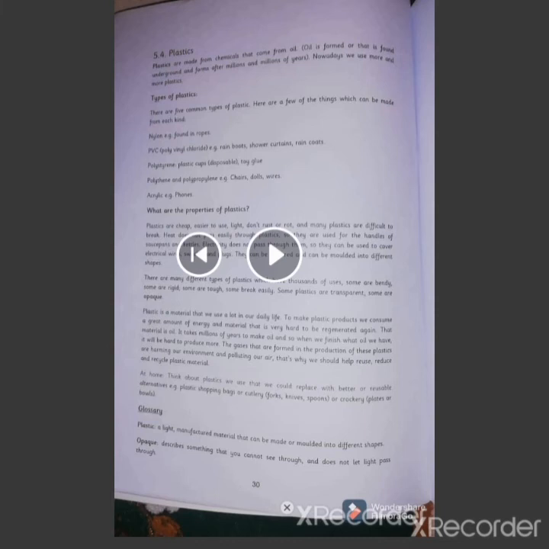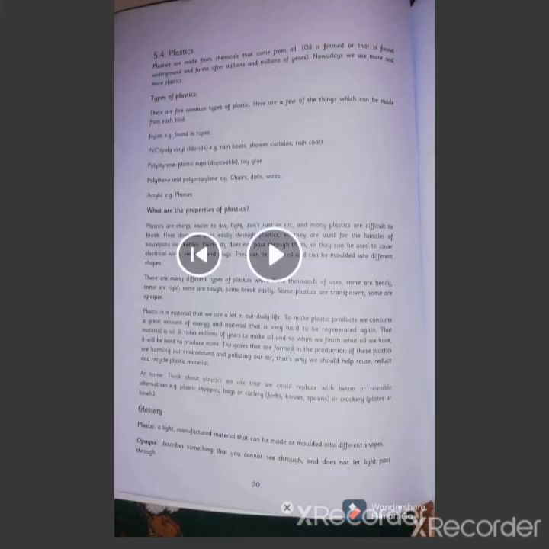There are many different types of plastics which have thousands of uses. Some are bendy, some are rigid, some are tough, some break easily, some plastics are transparent, some others are opaque. So, different types of plastic. There are many different varieties of them.